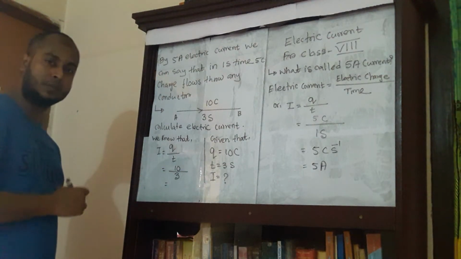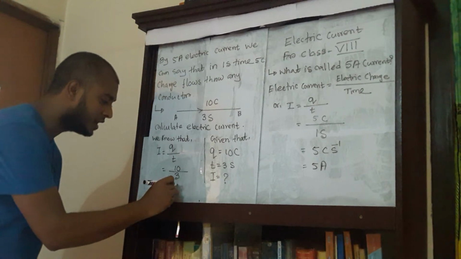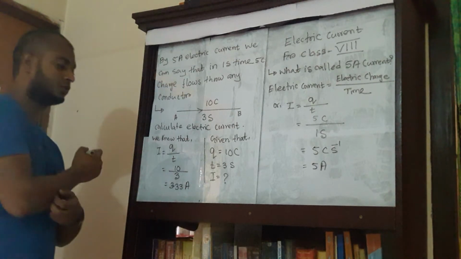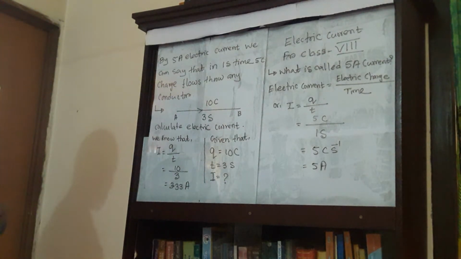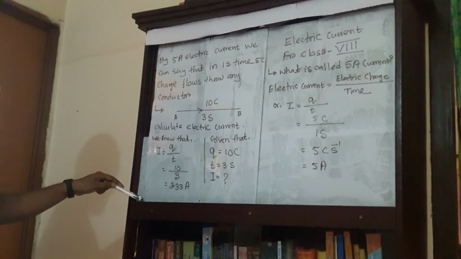So after dividing, you can say that the current equals 3.33 ampere. 3.33 ampere current flows through this conductor. Okay? So by this procedure, you can solve a mathematical problem to calculate electric current.